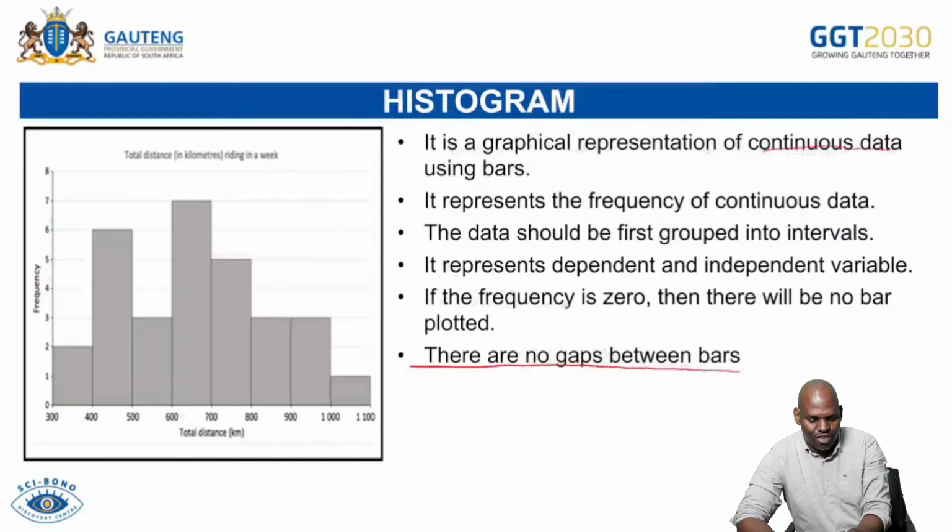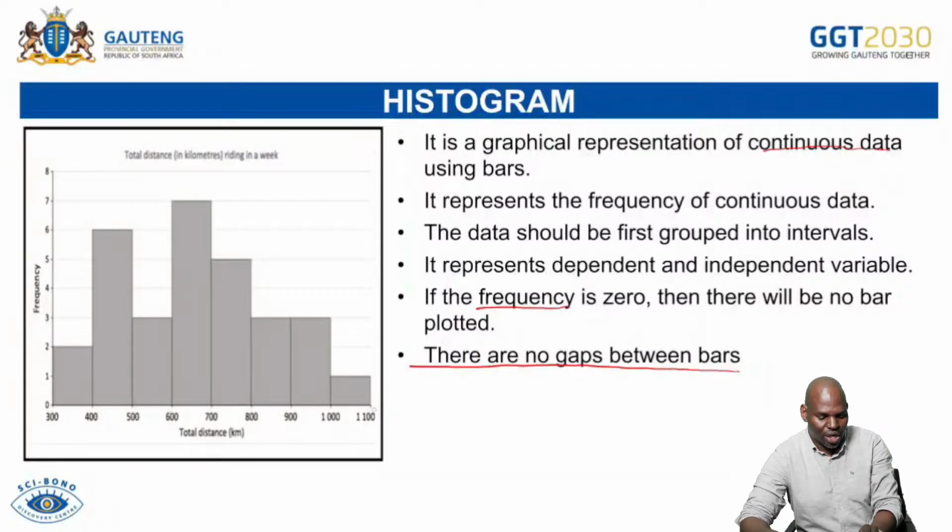If the frequency is 0, in other words, they say total distance, how many times does a certain distance appear? If it's 0, then you won't see the bar there, because it will be drawn on the line.